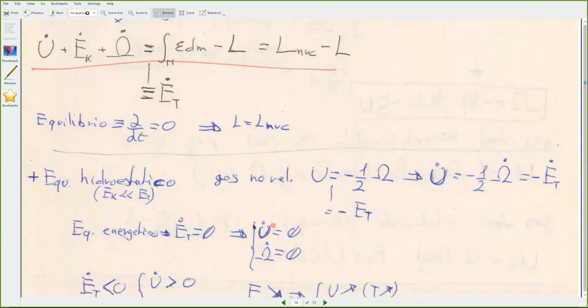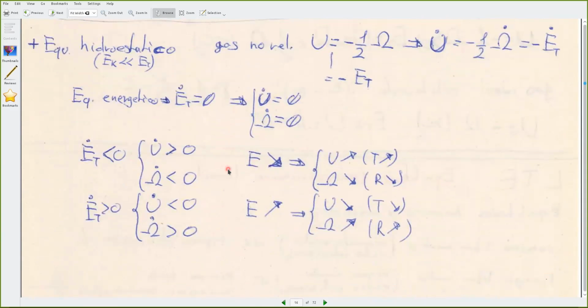And then we see that if the energy of the star decreases, decrease means more negative, it means the internal energy will increase, so the temperature increases, and the potential energy goes more negative and the radius decreases.